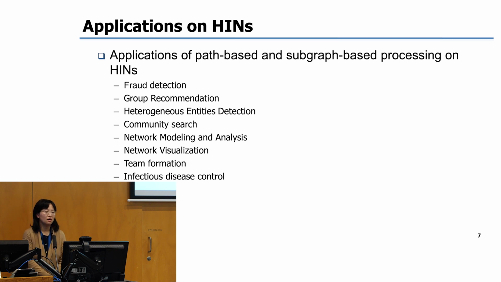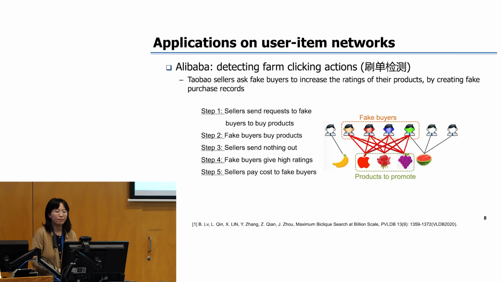Here is a high-level summary of applications of structure-based analytics over heterogeneous information networks, and I'll introduce them in detail one by one. As we just introduced, we can collect very large-scale bipartite graph data from an e-commerce platform.